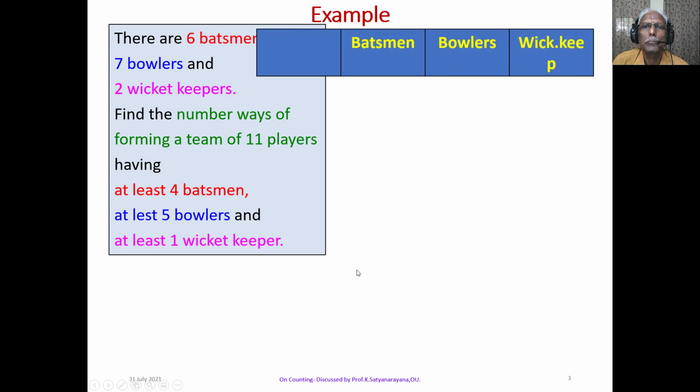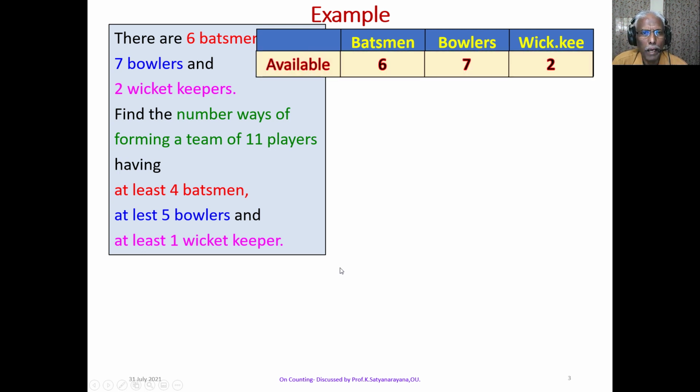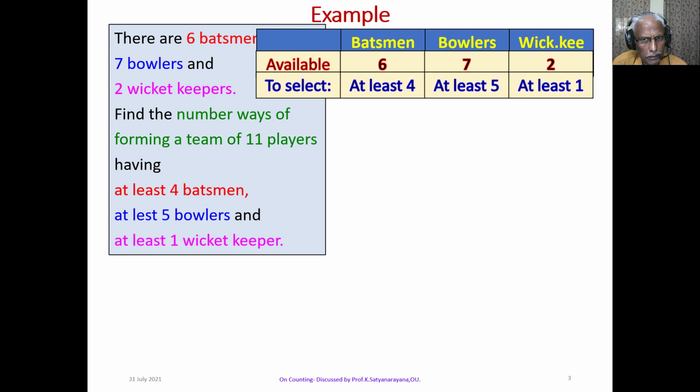Solution: we'll have a tabular form: batsmen, bowlers, wicket keepers. We have, that is, available batsmen are 6, bowlers 7, wicket keepers 2. We have to select at least 4 batsmen out of 6, at least 5 bowlers out of 7, at least 1 wicket keeper out of 2 wicket keepers.